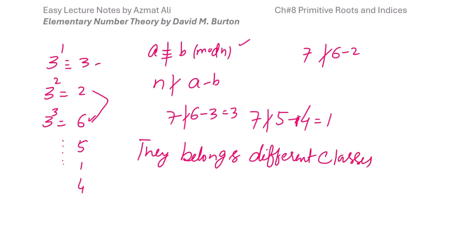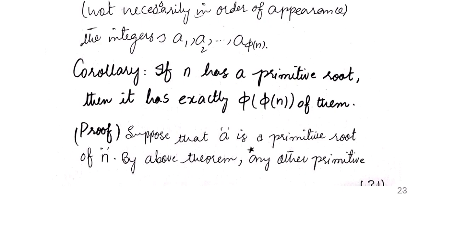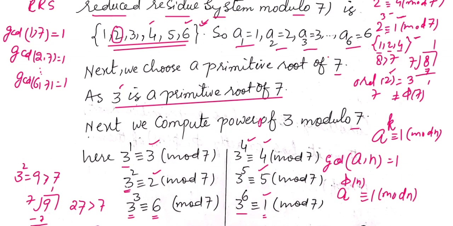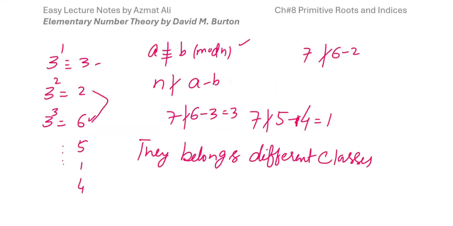For example, in the above example, here 3 raised to power 6 is congruent to 1 modulo 7.